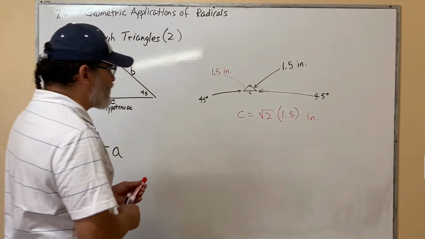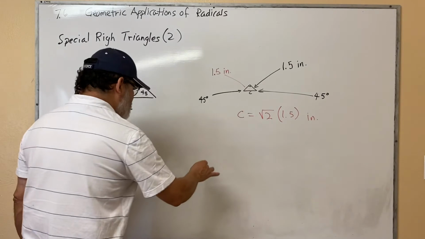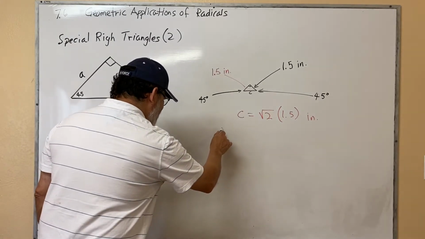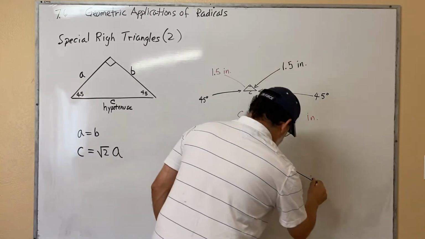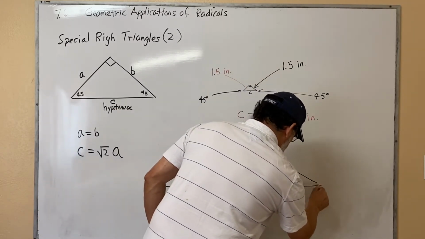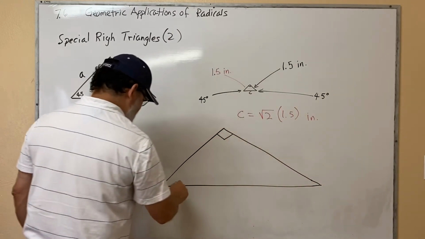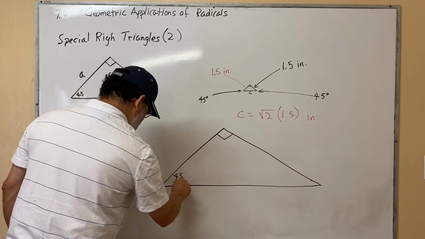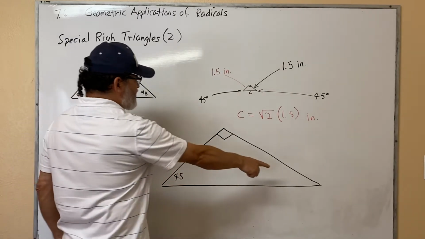So that's the first example. Here's another example. Now let's draw this big one. Note that if I say this is 45, that must be 45.